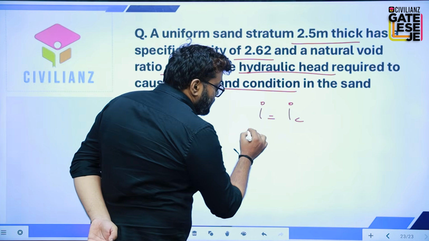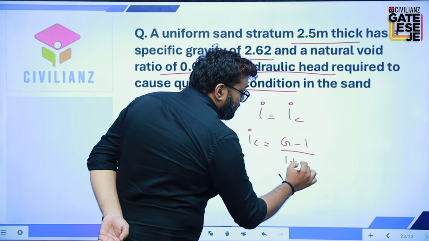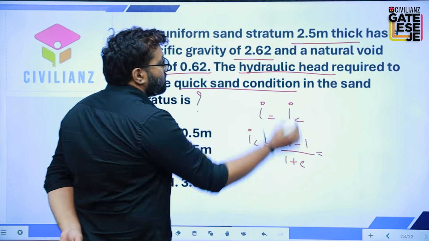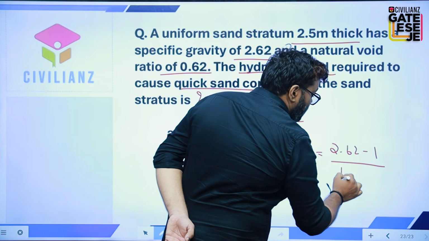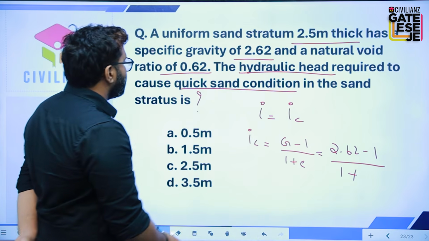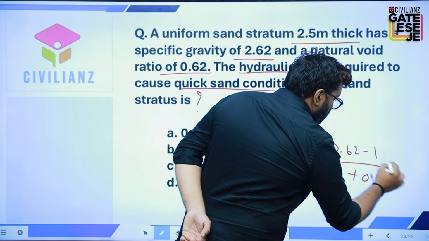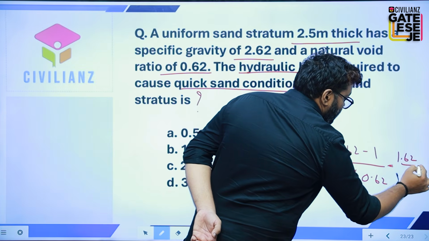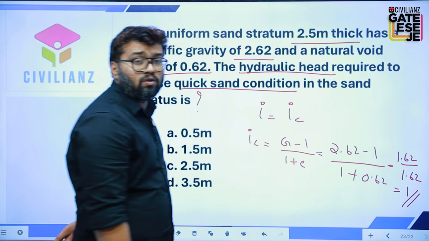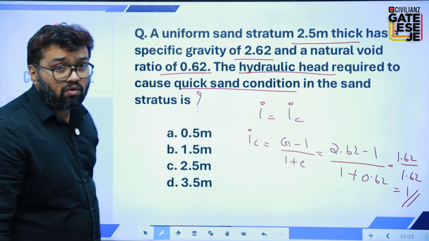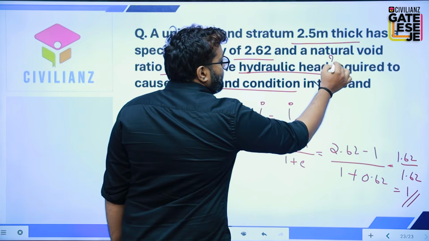So IC is equal to G minus 1 by 1 plus E. The value of G is given as 2.62, so 2.62 minus 1 divided by 1 plus E, where E is given as 0.62. That is 1.62 divided by 1.62, which is equal to 1. So the critical hydraulic gradient is equal to 1. And here we want to find the hydraulic head, right?